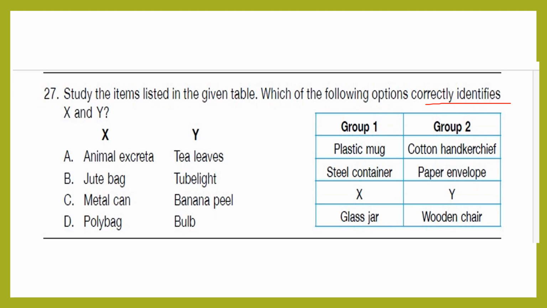In group 1, all objects are made from non-living things. And in group 2, all objects are made from things which were once living. So for X, metal can, and for Y, banana peel satisfy this condition. So the answer is option C.